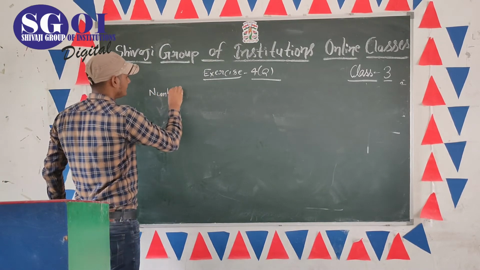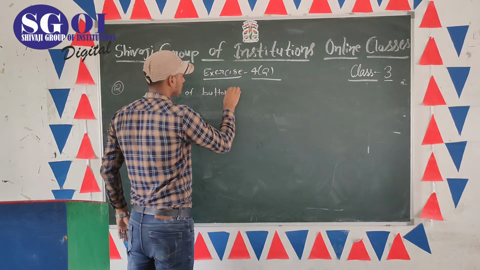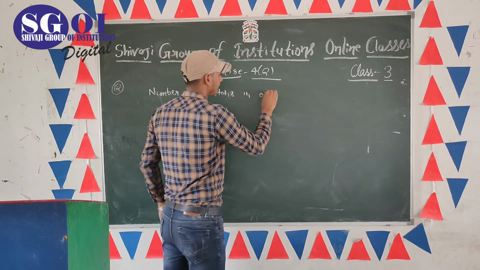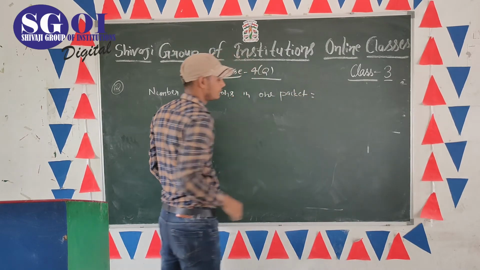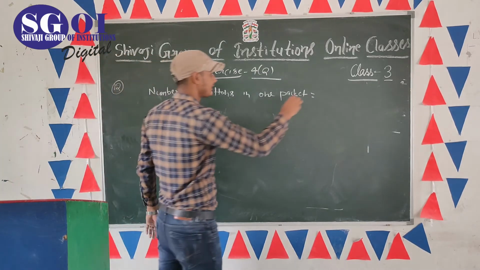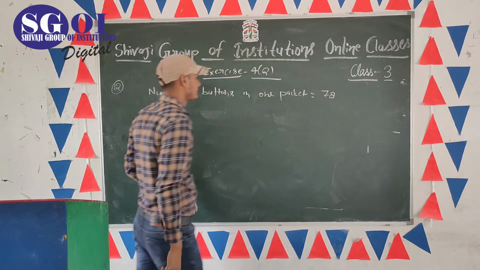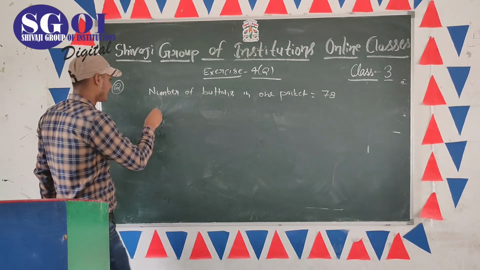Number of buttons in one packet is equal to 78. And find the number of buttons in 8 such packets.